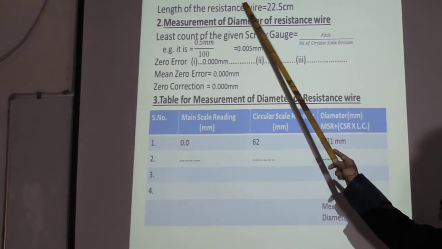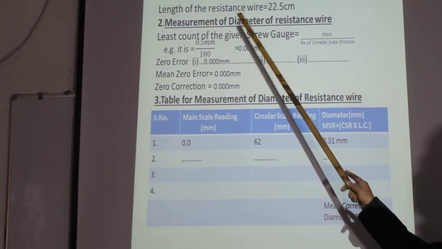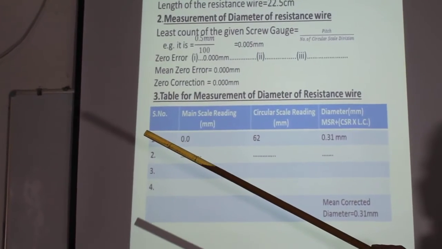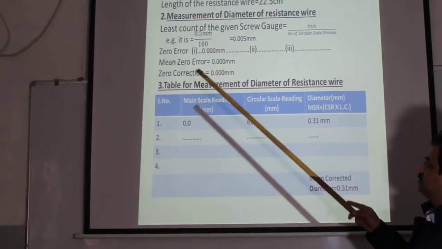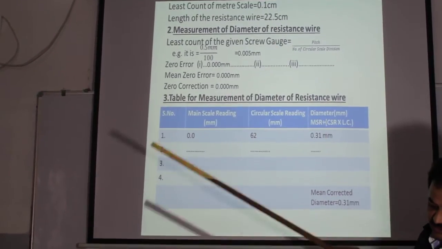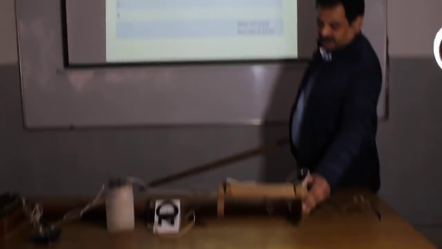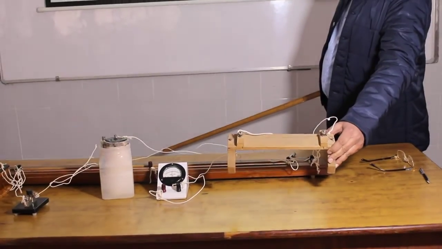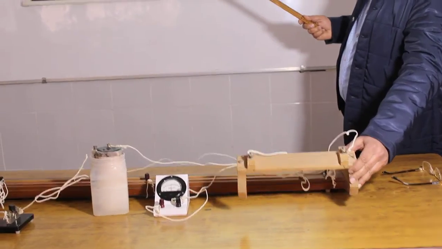First of all, least count of the meter scale which you are using in the meter bridge. Length of the resistance wire. This is the resistance wire. Its length is to be measured with the help of a meter scale.